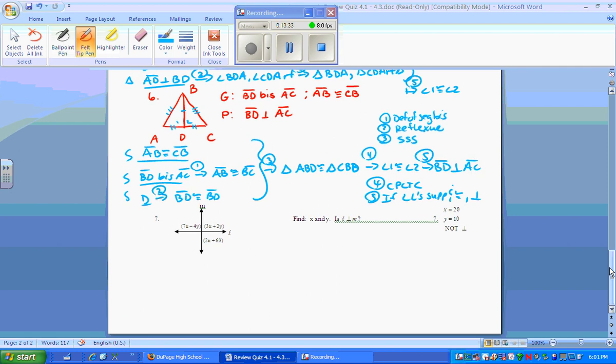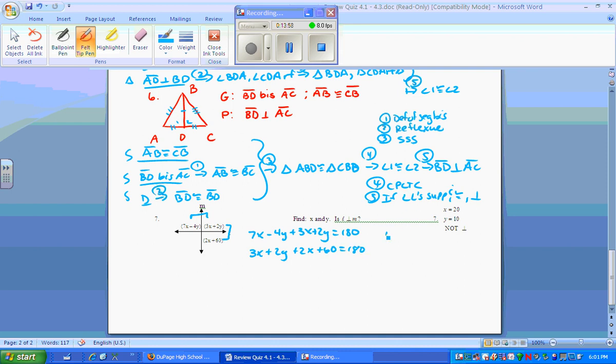And last but not least, our system. We know these two make a straight line, so we can set 7x minus 4y plus 3x plus 2y equal to 180. And we could set these two, which is 3x plus 2y plus 2x plus 60, equal to 180.